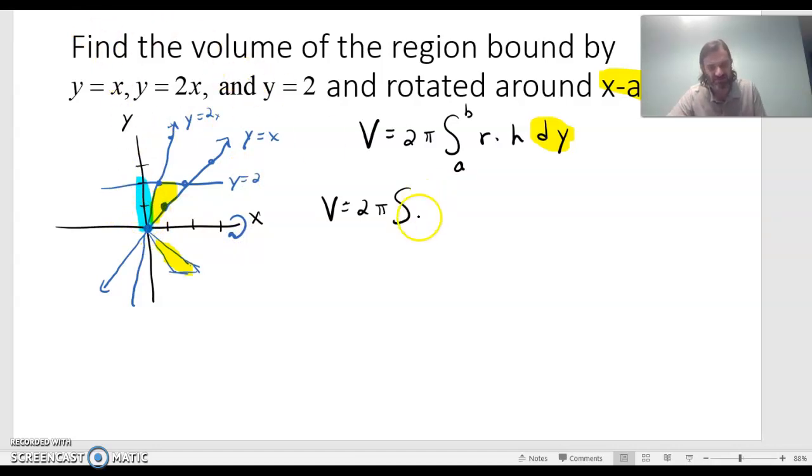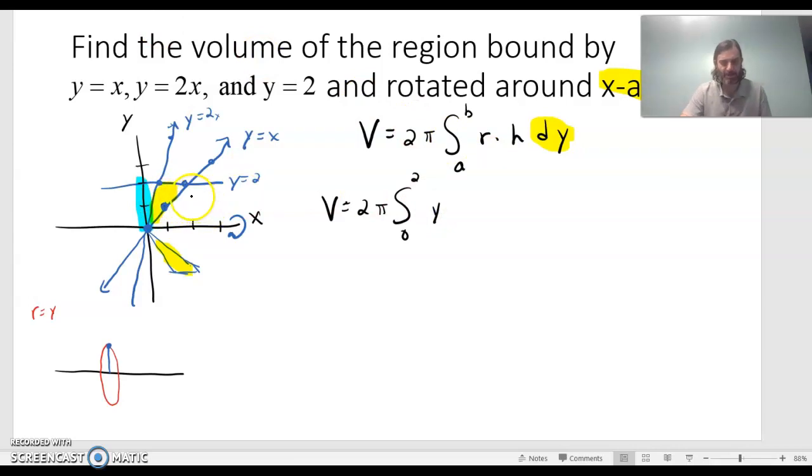The radius, so we're basically drawing off of a center point out to some point and rotating that, will actually be a y value. So r equals y.